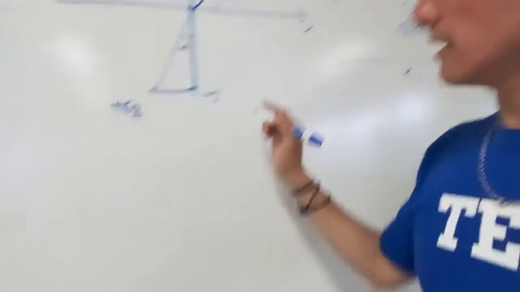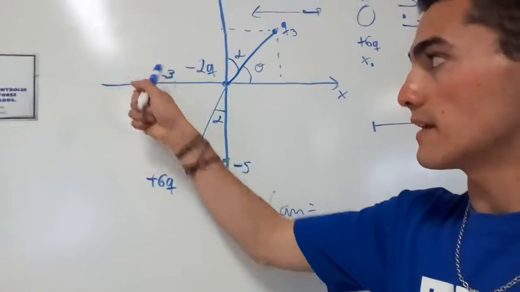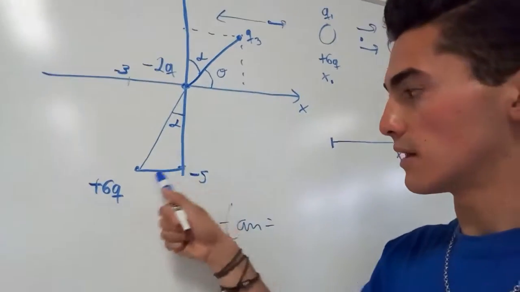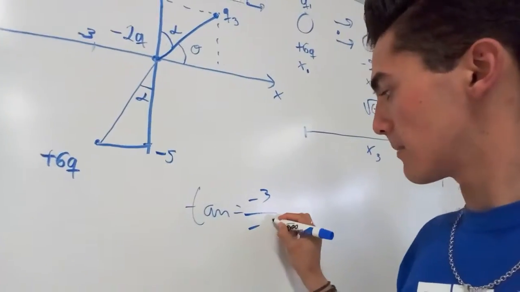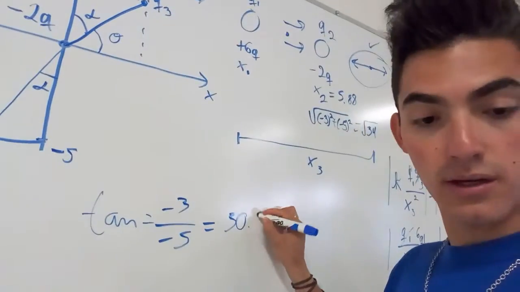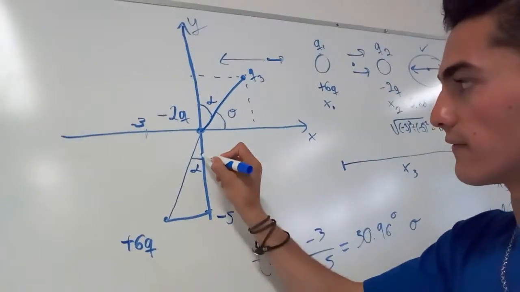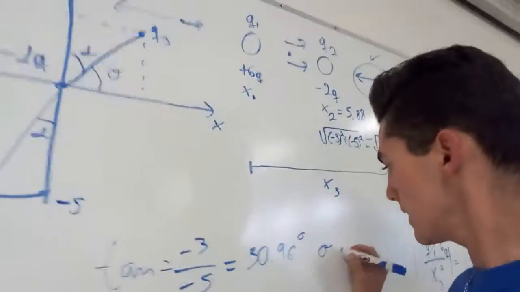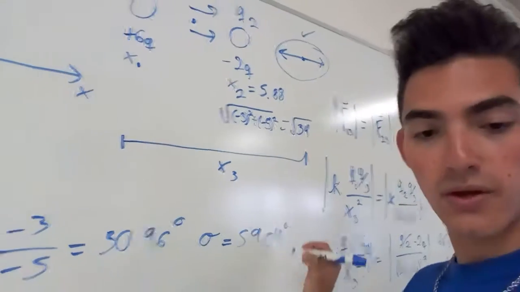So this angle here is the tangent of these two cathets. So we know that it's minus 3 over minus 5, that is equal to 30.96. So if this one is 30.96, then theta will be equal to 59.04.